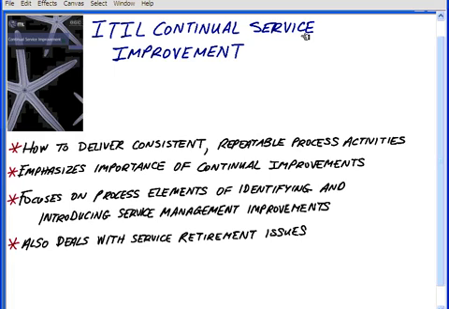One of those things was consistent and continual improvement. This book also focuses on the process elements of identifying and introducing service management improvements, as well as dealing with service retirement issues, or putting processes out to pasture. Well, those are the 5 books of ITIL version 3.